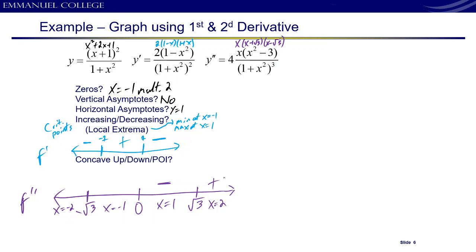If we plug in negative 1, we get negative 1 times 1 minus 3, which is going to give us a positive, because it'll be negative 1 times negative 2. And if we plug in negative 2, we get negative 2 times positive 1, because we're going to get 4 minus 3 here.